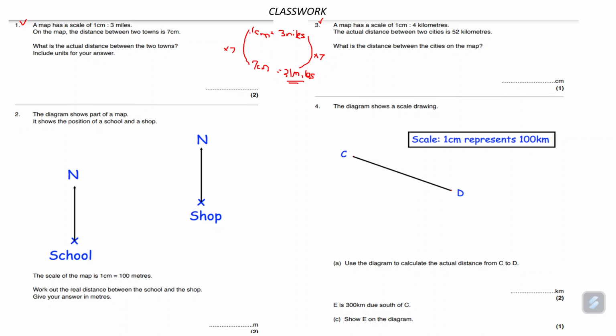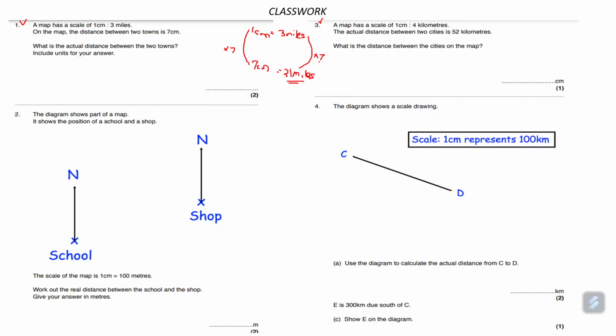So we are working with the scale. The scale said for every 1 centimeter represents 3 miles. So on the map, the distance between the two towns is 7 centimeters, while in a real life situation, the actual distance between the two towns is 21 miles. Reason: when you work with the scale, you multiply it by 7.